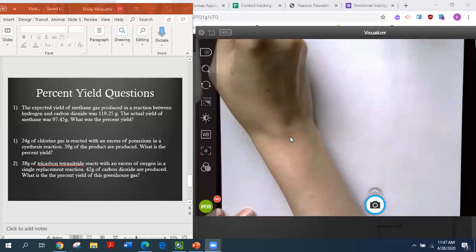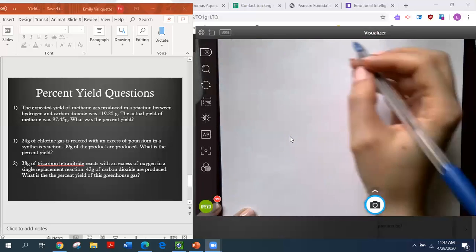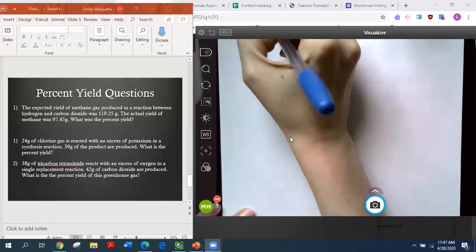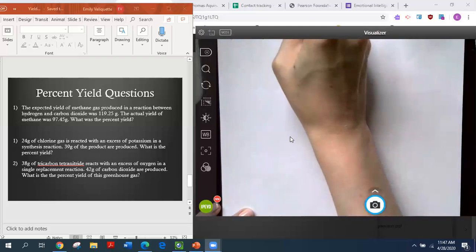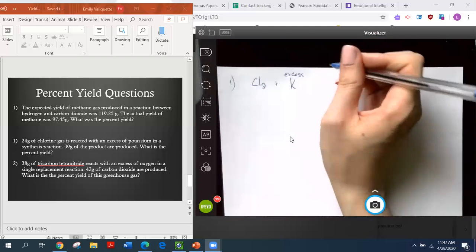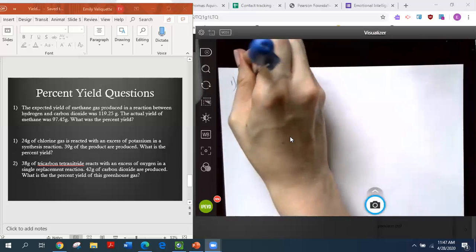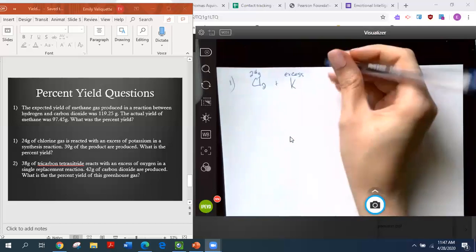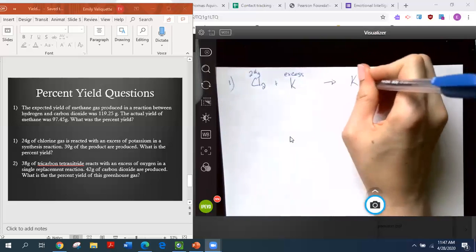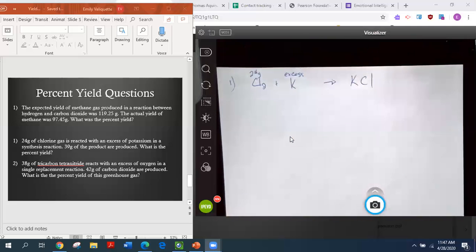Okay, so the second number one here says we have chlorine gas reacting with an excess of potassium. So 24 grams of chlorine reacting with an excess of potassium in a synthesis reaction, which would make potassium chloride.